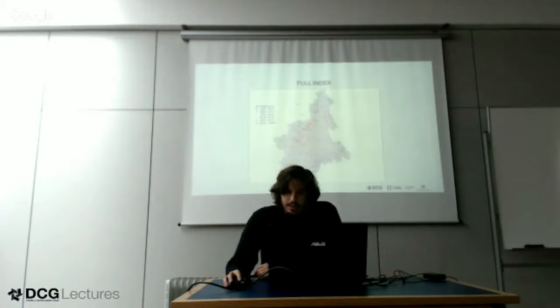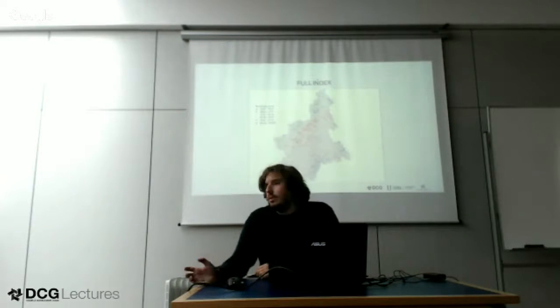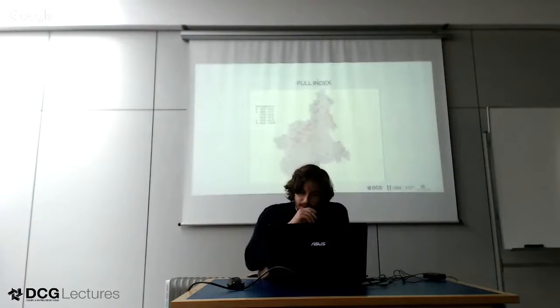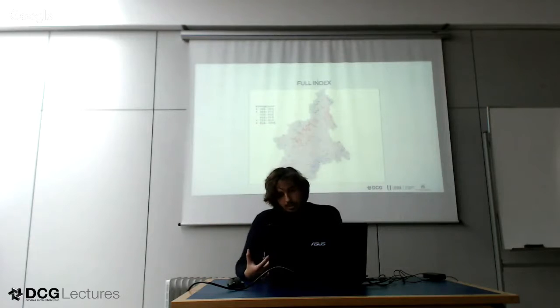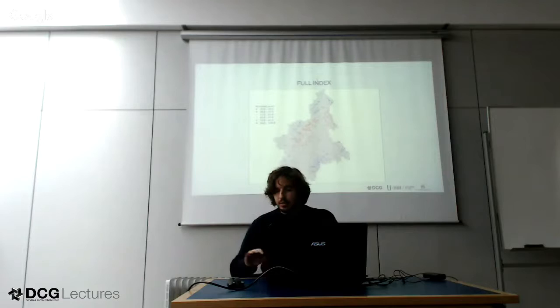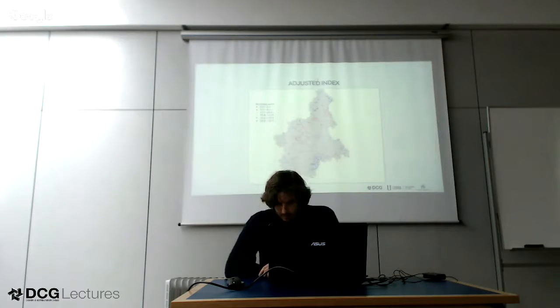The full index is just the sum without any weight, and these maps show the places that, according to the indicators and without taking into account the correlation, are the best places to create a startup. The other one is exactly the same, including the weighting of each indicator.